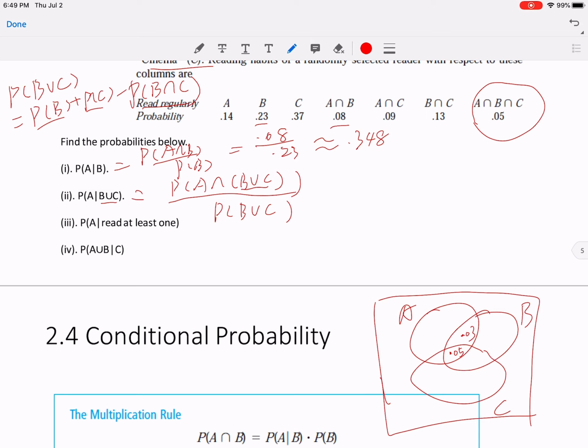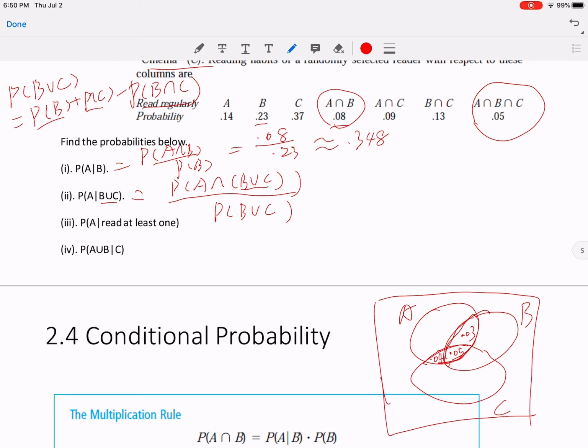The reason why we have 0.03 is because this part is the A intersection B, which is 0.08. And 0.08 minus the center 0.05 is 0.03. And then let's take a look at this part over here. This part represents A intersection C. A intersection C is 0.09. So 0.09 minus 0.05 would be 0.04.